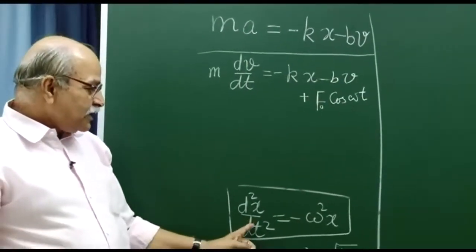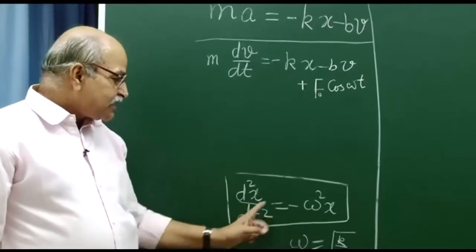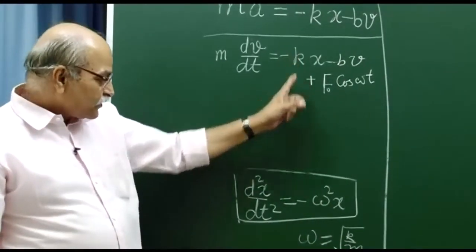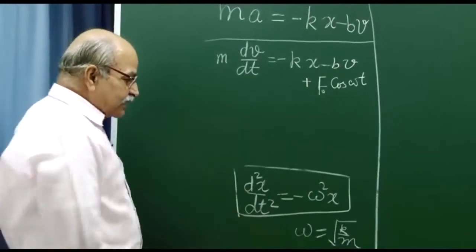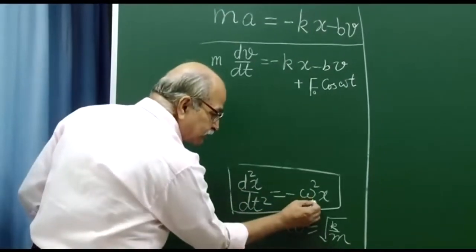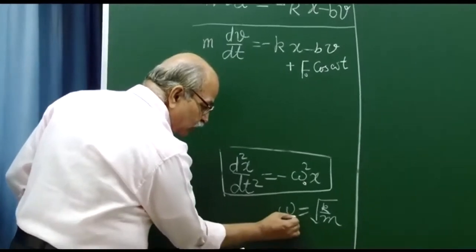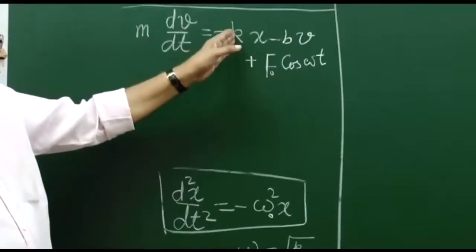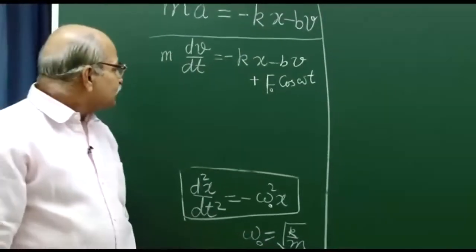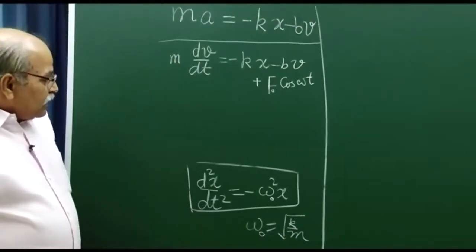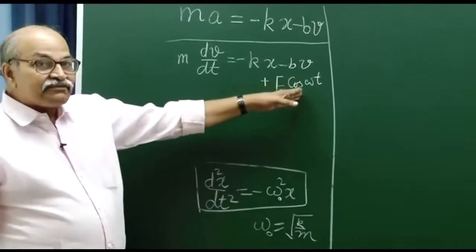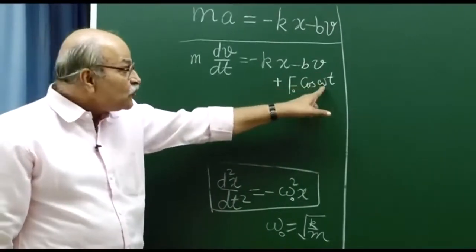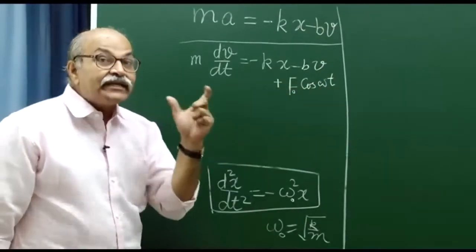This basic equation is there, and this omega corresponds to the restoring force. Let me write it omega naught. Your omega naught is square root k by m, the restoring force and this system's mass. Together with this you have another omega coming in, and this is the omega which I can control.